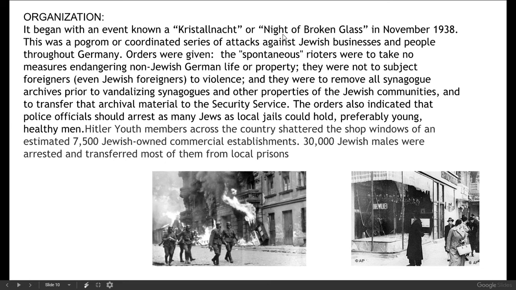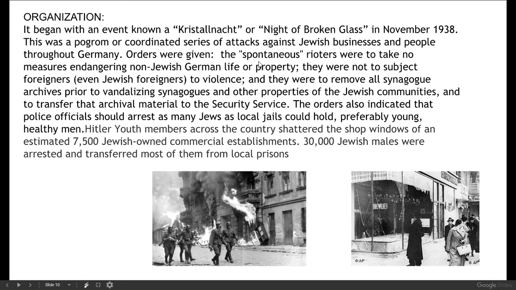And on this night, called the Night of Broken Glass, that took place in 1938, a young Jewish man killed a German soldier, and then they got out and they coordinated a series of attacks against all Jewish businesses and people throughout Germany.